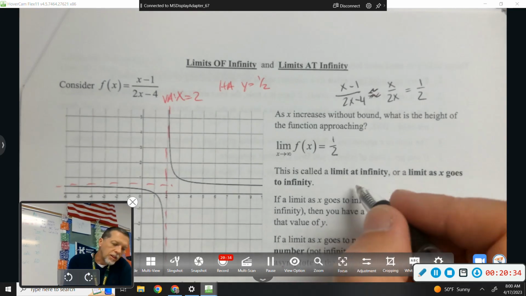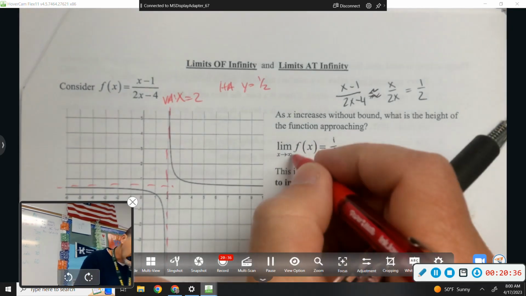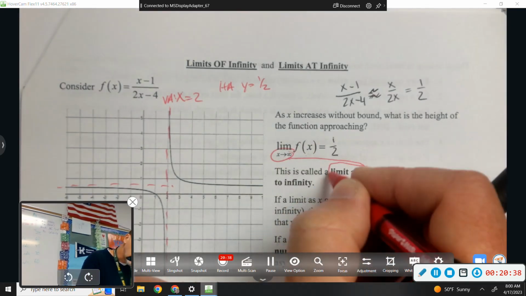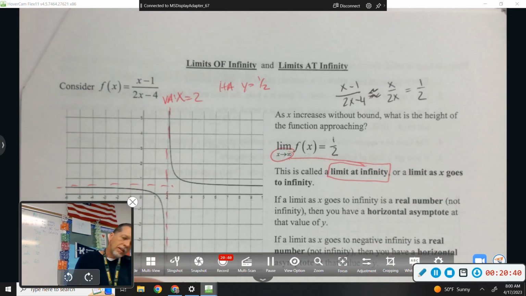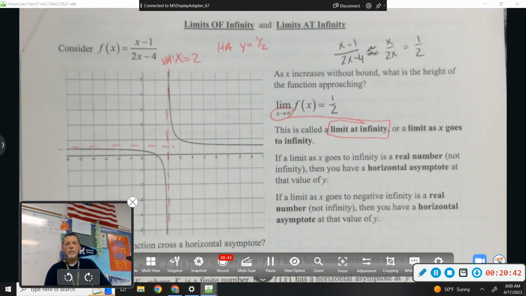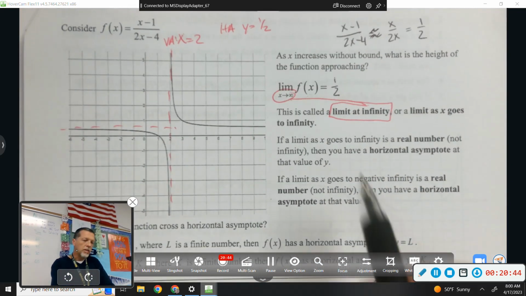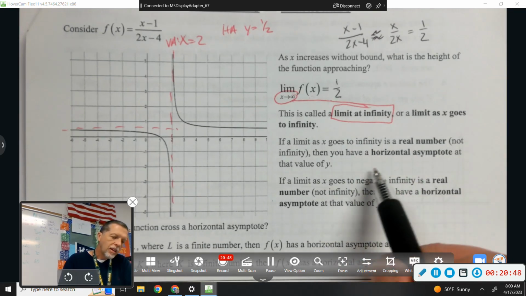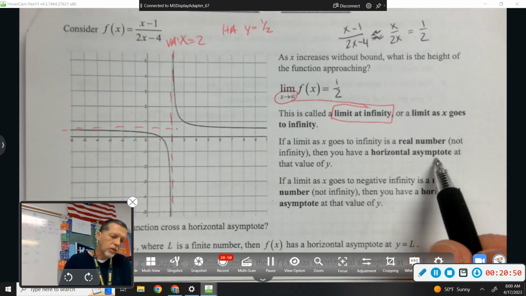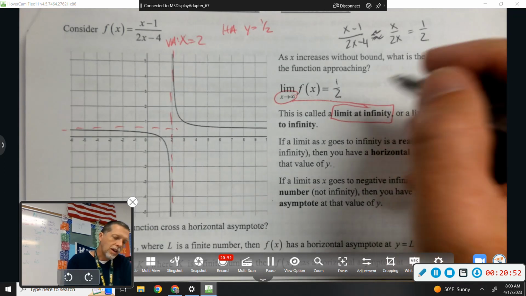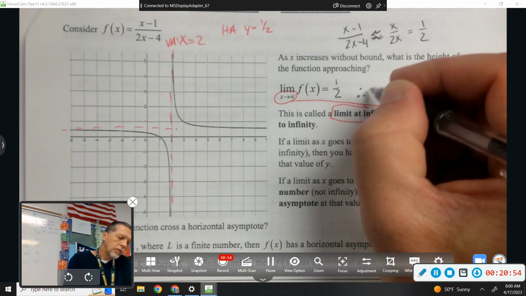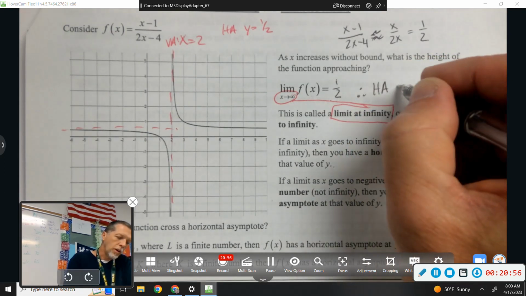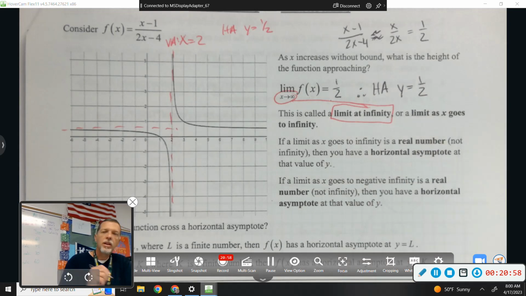This is called a limit at infinity. As x goes to infinity is a limit at infinity. If the limit as x goes to infinity is a real number, like 1/2, then you have a horizontal asymptote at that value of y. So up here we could have said, therefore we have a horizontal asymptote at y equals 1/2.